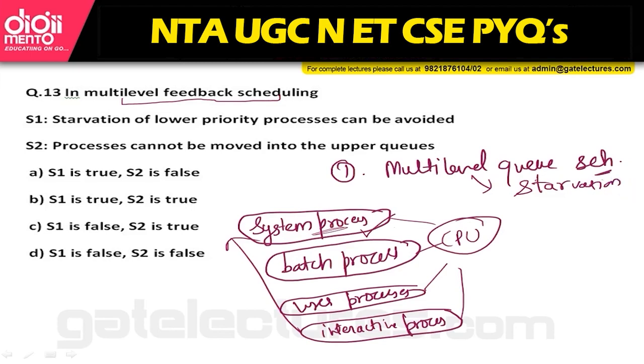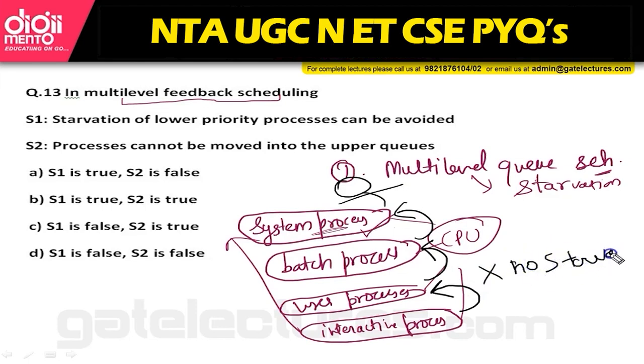After that, a new update came, which was multi-level feedback scheduling. In this, when there are many queues of processes, after some time this queue will move upward, and then upward again after some time, and then finally it will get the CPU for its execution. So basically there is no case of starvation. There is no starvation in multi-level feedback queue. Also, they are categorized on the basis of their priority.